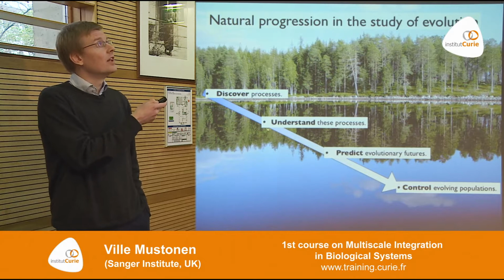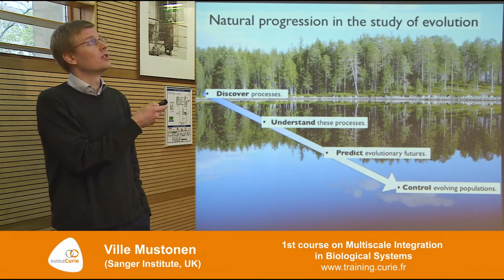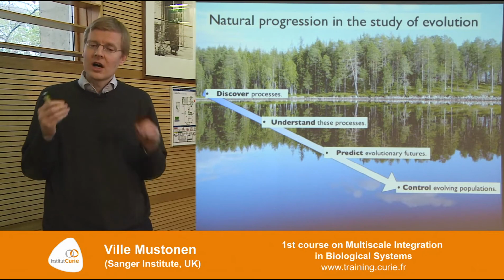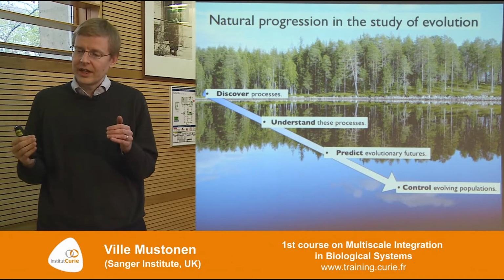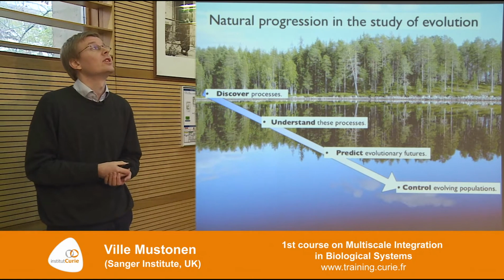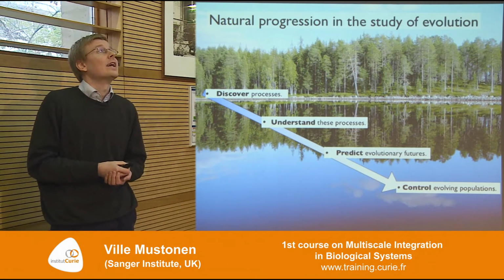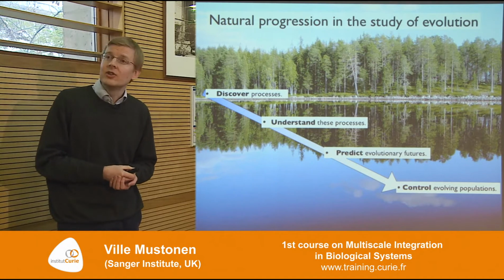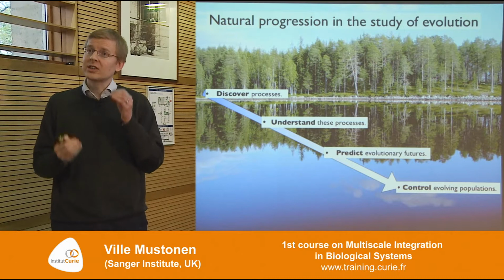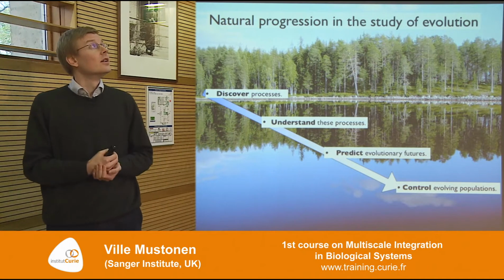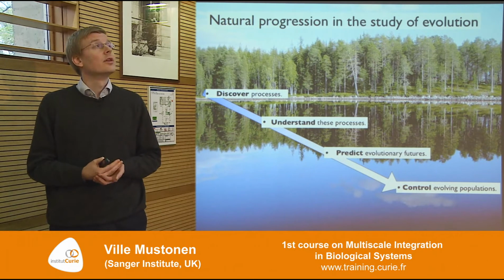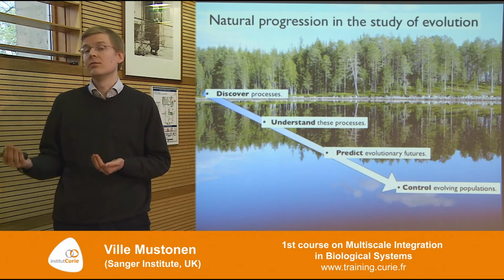What's even less ready is how we understand these processes. And here, we need to understand how mutation, selection, recombination together shape the genetic composition of a population. And there we actually need to put numbers. We need to understand whether selection changes the genetic composition of the population faster than mutation.